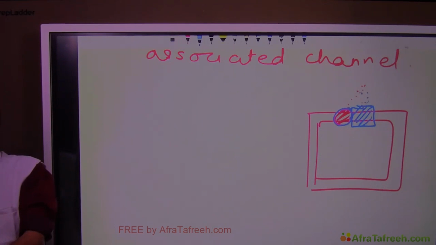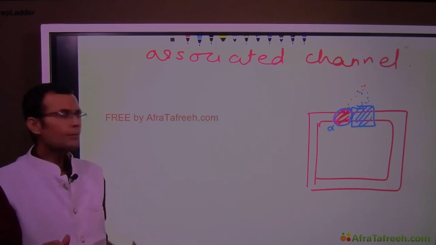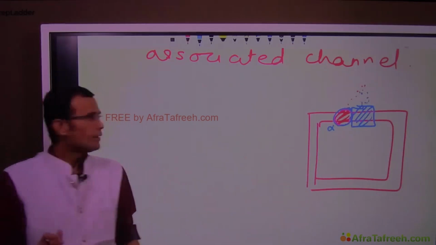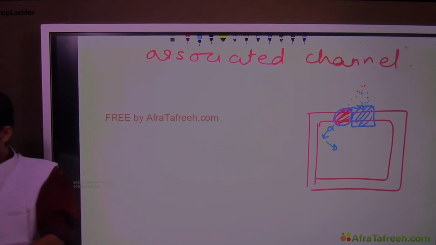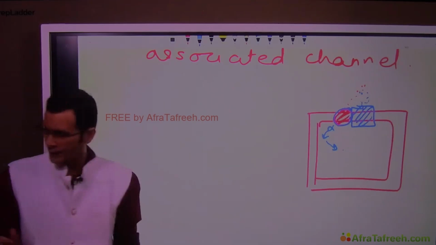Ligand comes and combines with this receptor. The G protein has alpha, beta, gamma subunits. It's a heterotrimeric G protein. The alpha subunit will dissociate from the other two subunits, beta and gamma, and it moves along the membrane and will activate an effector protein inside the cell called adenylyl cyclase enzyme.